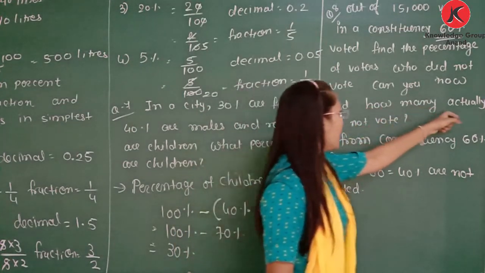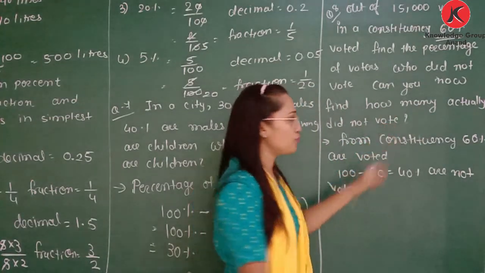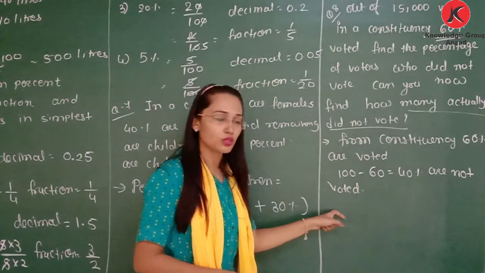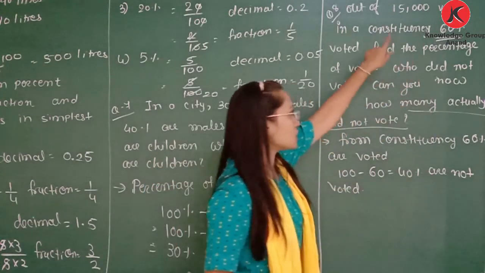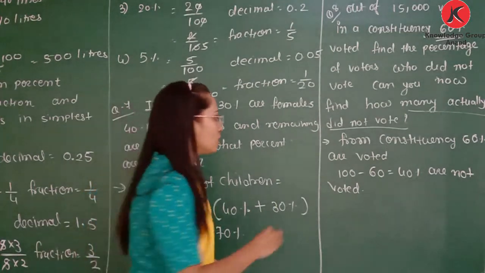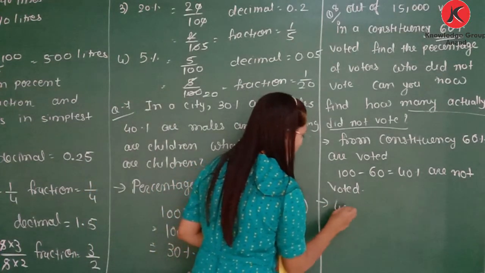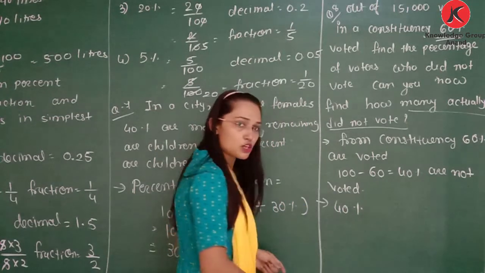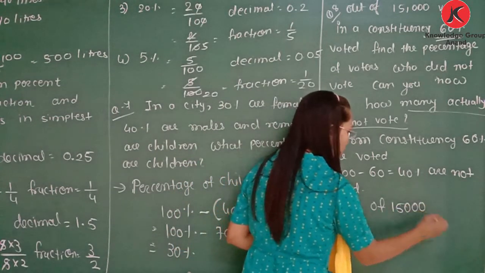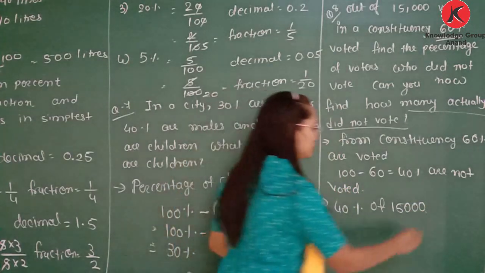Find how many actually did not vote. Now you need to find the number of people that did not vote. It means 40% of 15,000, that gives the number of people who did not vote. So we can write 40%, that is the percentage of people who did not vote, of 15,000.